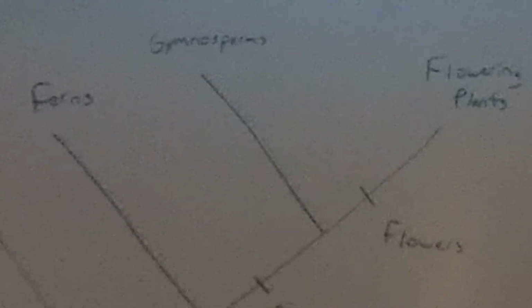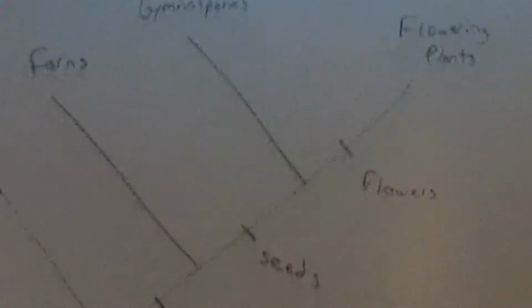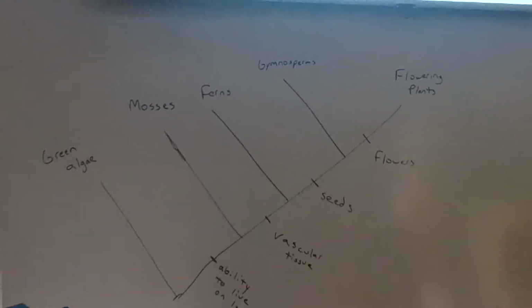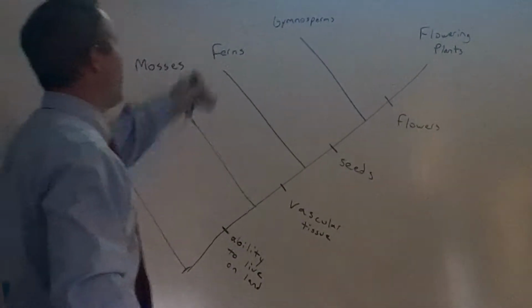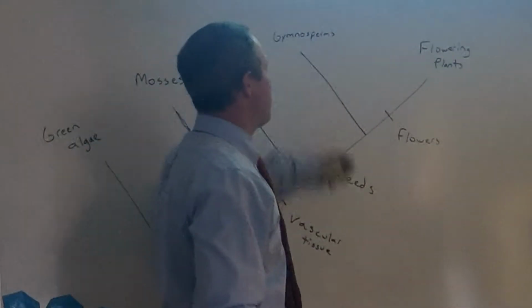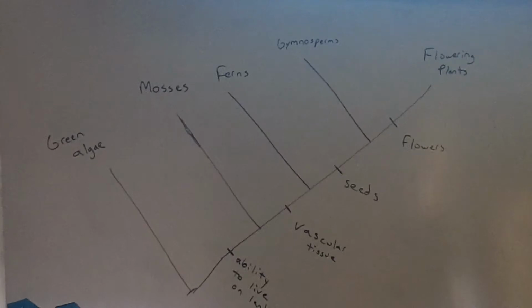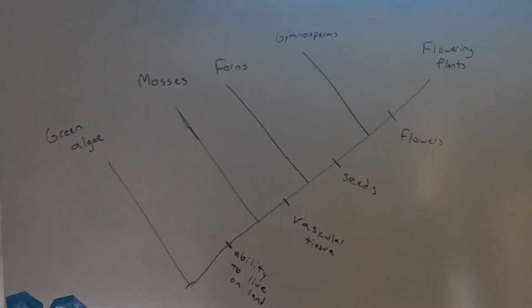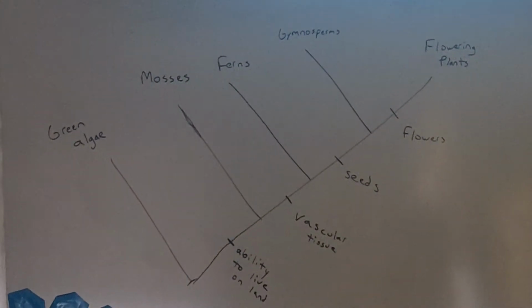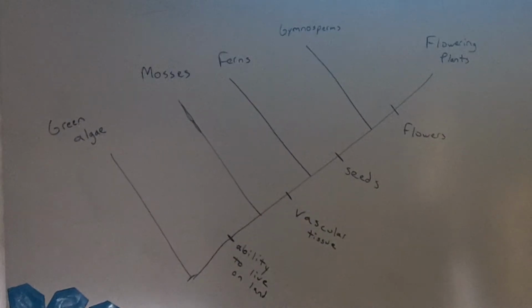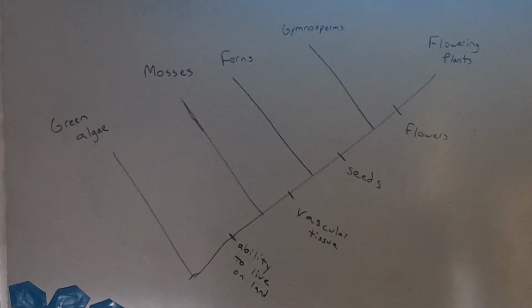And that's good enough for you for this chapter. Mosses are the oldest, ferns come later, then gymnosperms, then flowering plants. I think if you ever saw questions about plants on the AP Bio test, that would cover it. They would use one of those types.